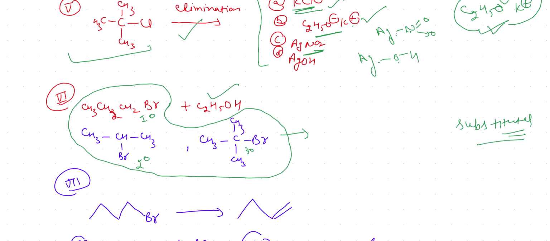The primary alkyl halide will prefer the substituted product easily, because there is no bulkiness and no steric hindrance in the reactant. If there is no steric hindrance, it will prefer to undergo substitution reaction.